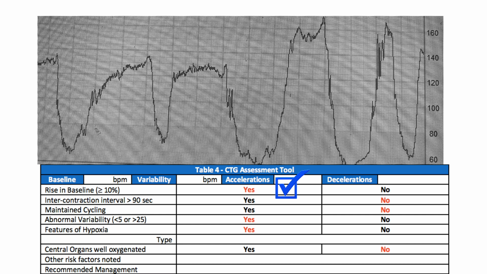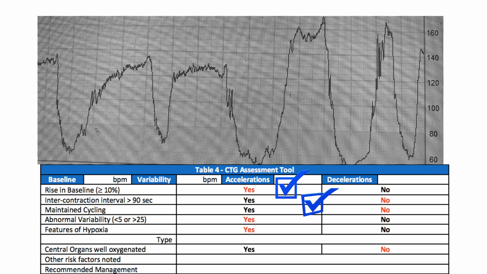And the fetus is exposed to repetitive umbilical cord compression because you could see the fetal heart rate abruptly falls and then rises immediately back to the baseline, suggestive of baroreceptor mediated cord compression decelerations.